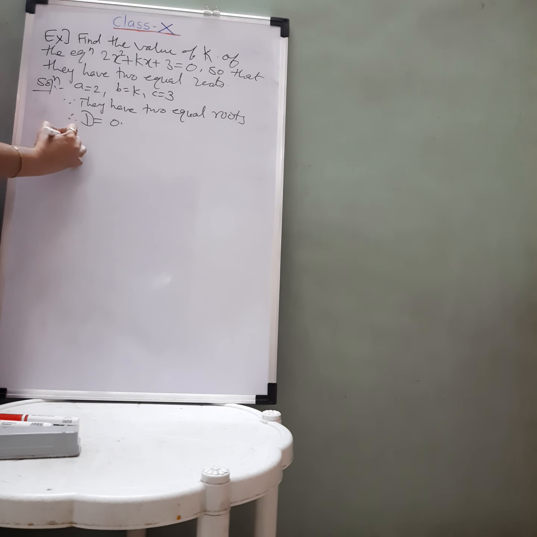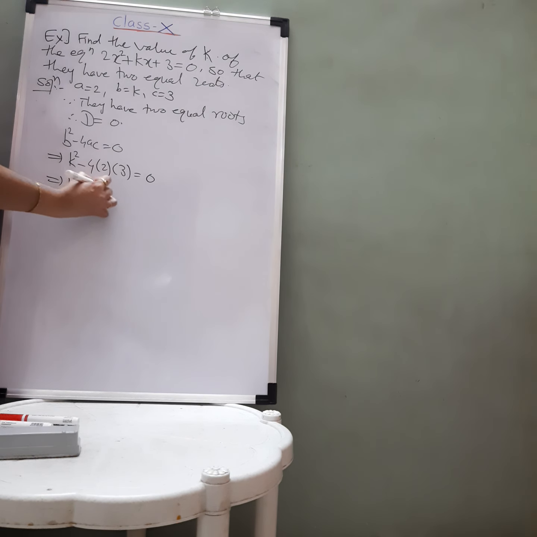But what is D? That is b square minus 4ac is equal to 0. This implies k square minus 4 into 2 into 3 is equal to 0, which implies k square minus 24 is equal to 0.